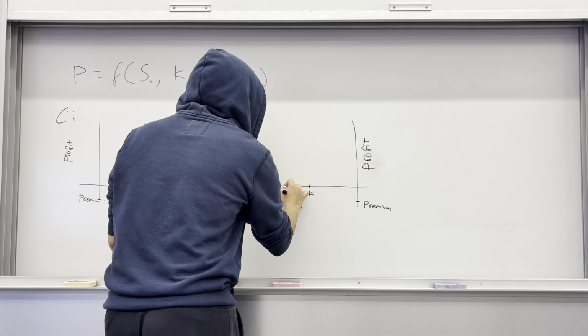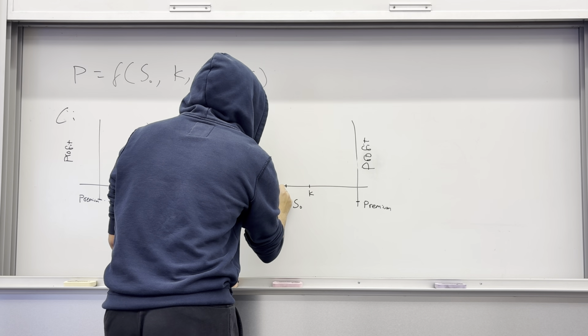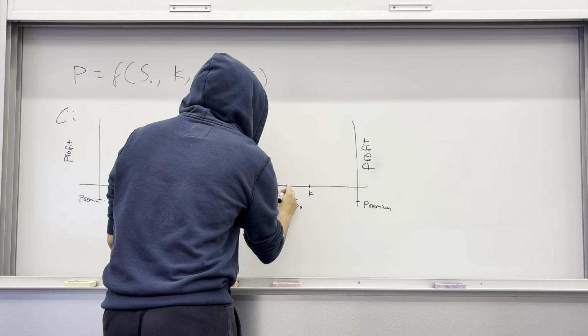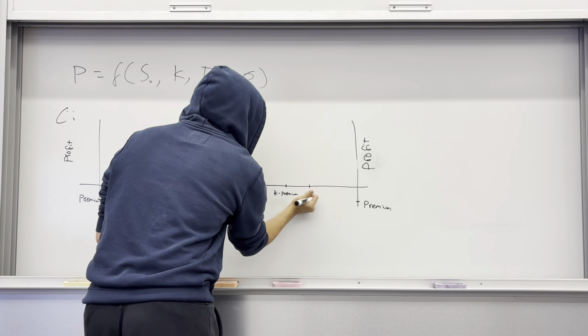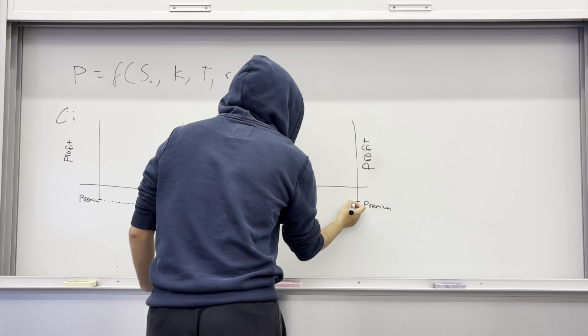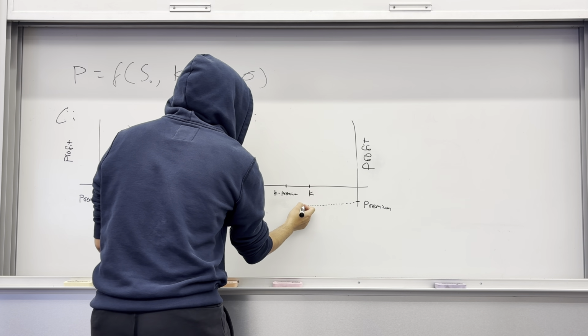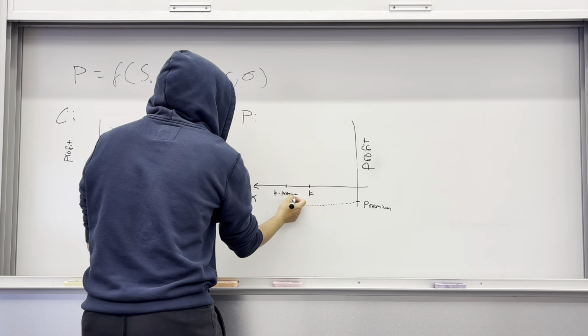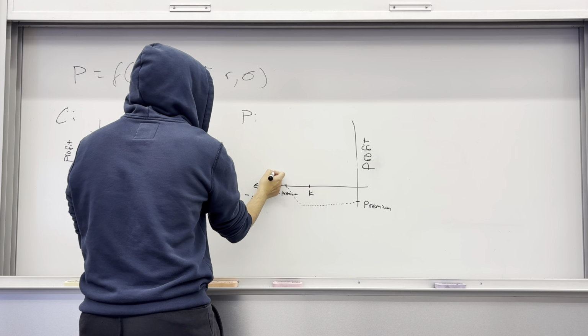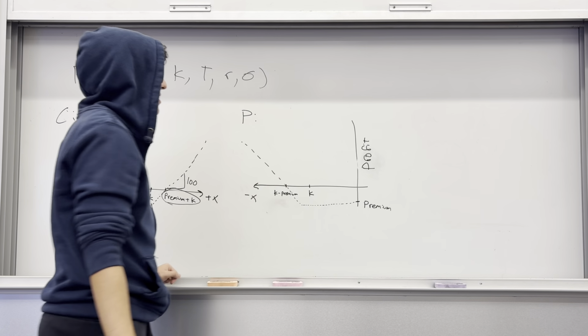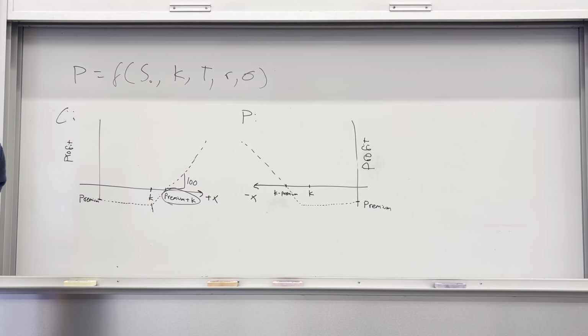And then K minus the premium is your break even. And so it would go right here, like this. And this is the profit of a put.